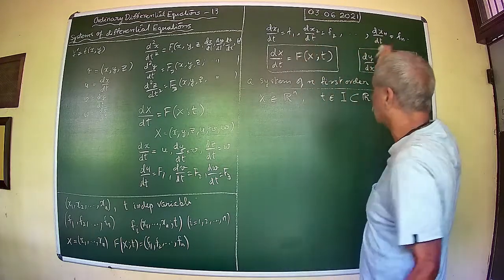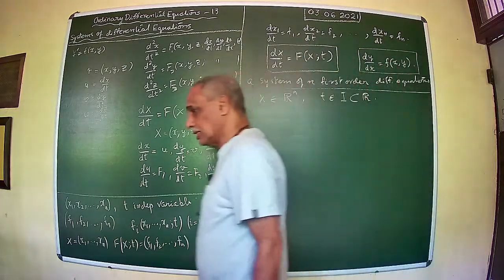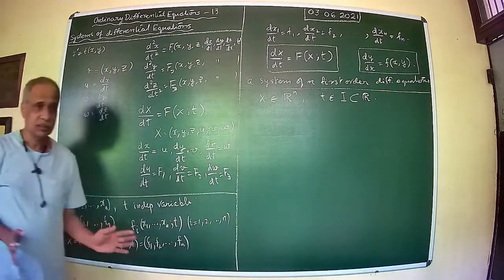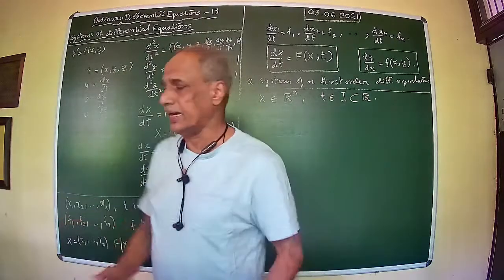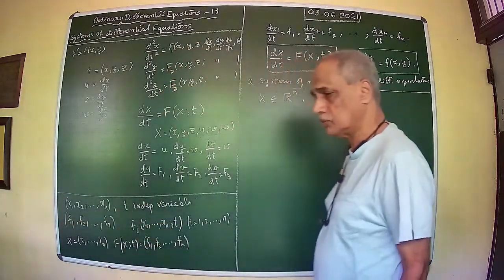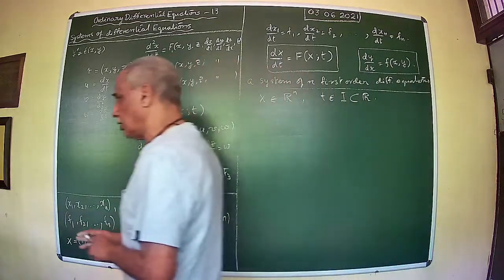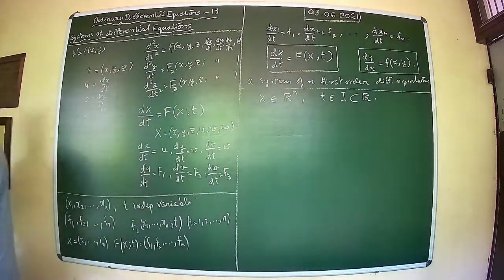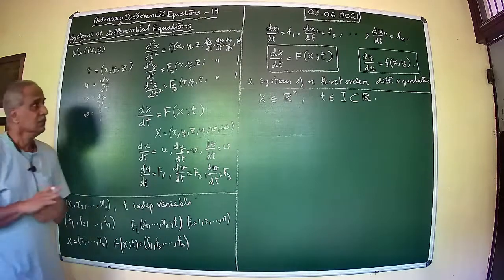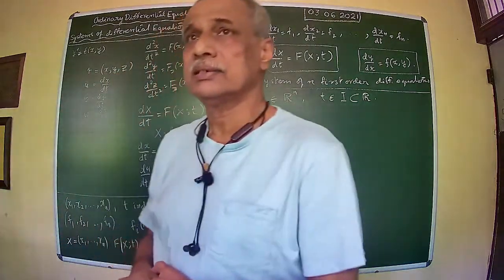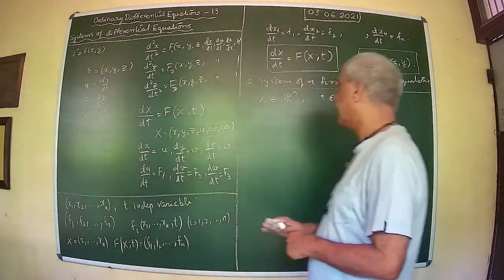Similarly for all these, so they are all interlinked, and therefore you cannot solve each one of them separately and then put together. So this is the problem. That's why you call it a system: a system of n first order equations in n unknowns with t as the independent variable.